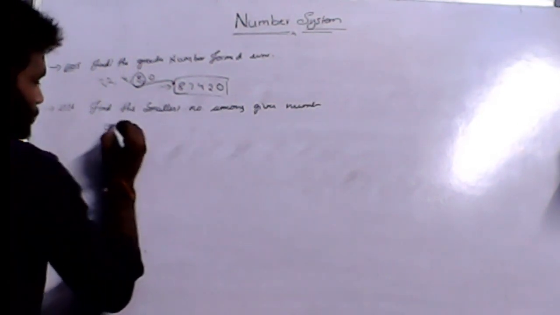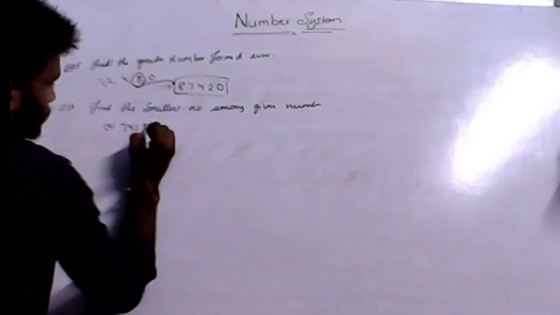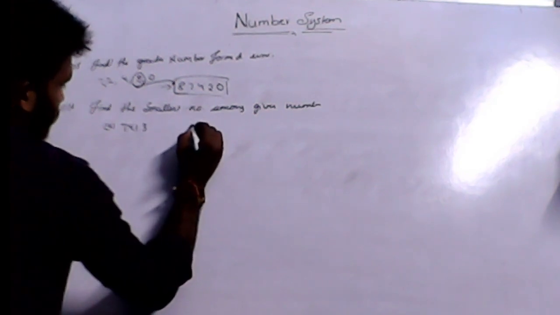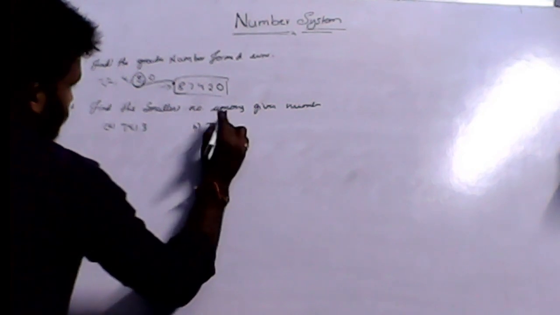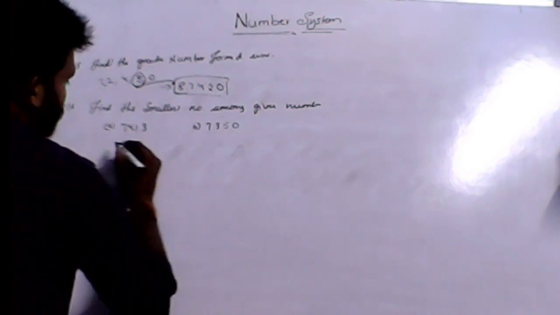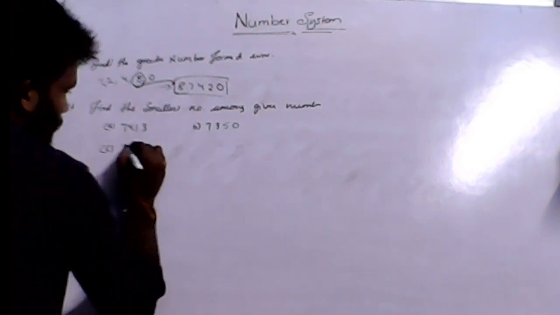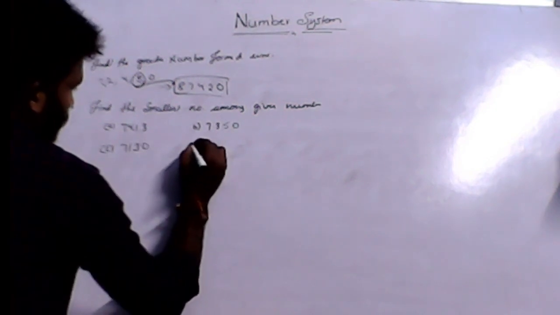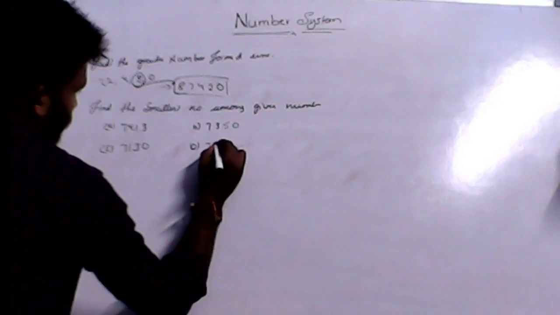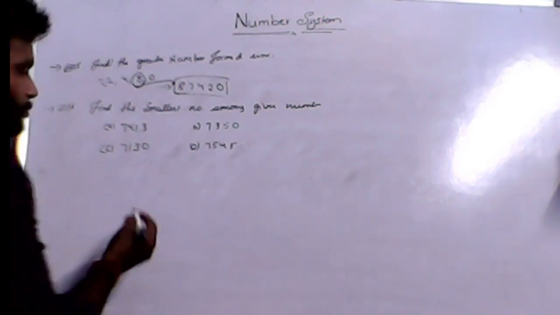The options are 7413, 7350, 7130, and 7545.